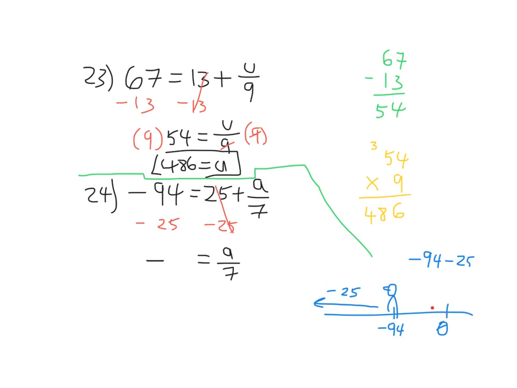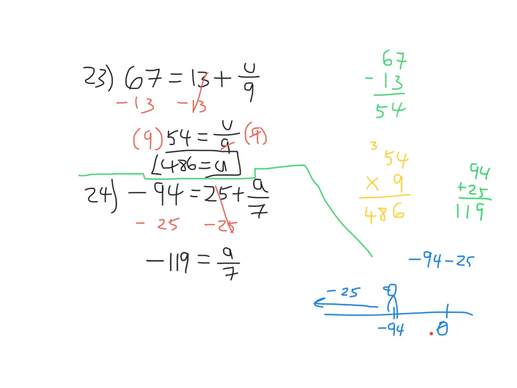Temporarily, you could think of it as 94 plus 25. 4 plus 5 is 9. Then 9 plus 2 is 11. So we have 119. Therefore, it's negative 119.